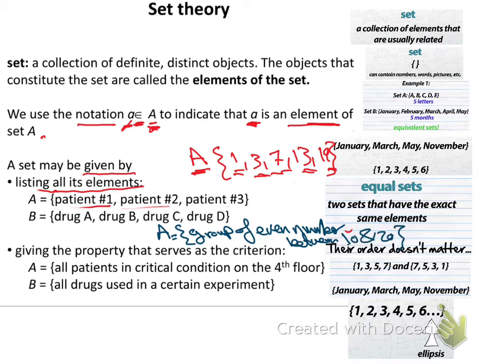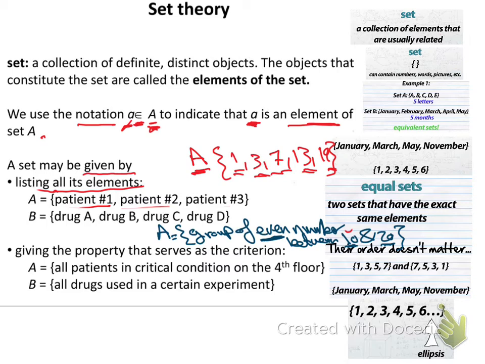So if I say that set A is a group of even numbers between 10 and 20, this means I have already given the criteria or the property of these numbers. So I have to go and find the elements inside this set, which should be even and within the range. So it will be 10, 12, 14, 16, 18, and 20. So these are the even numbers between 10 and 20, including 10 and 20.